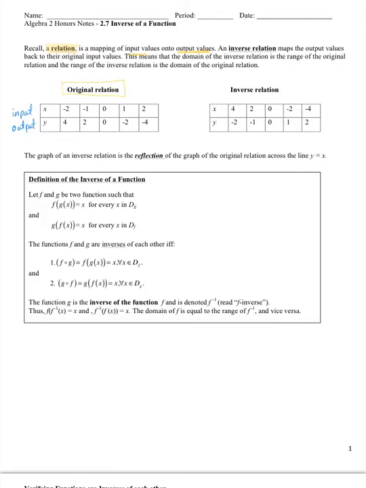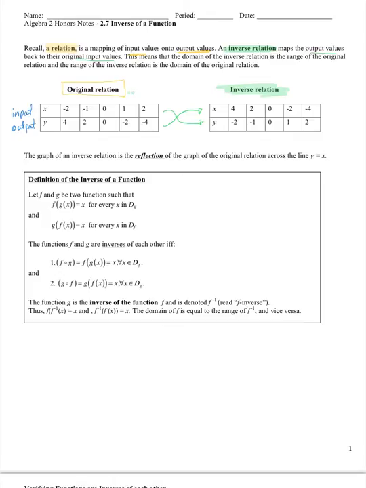Well, what the inverse relation is and does is it maps the output values back to their original input values. So if I'm looking at the inverse relation of this original relation, you should notice that the input values are your output values for the inverse, and your output values of your original relation are the input values of your inverse.